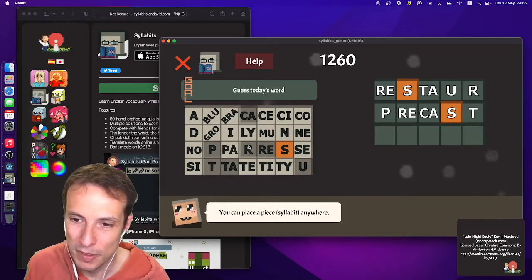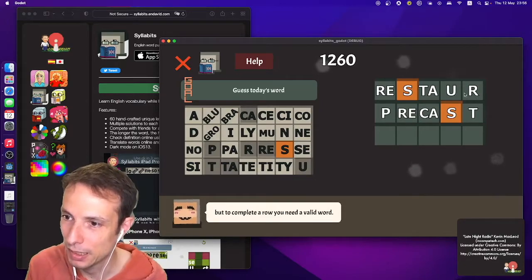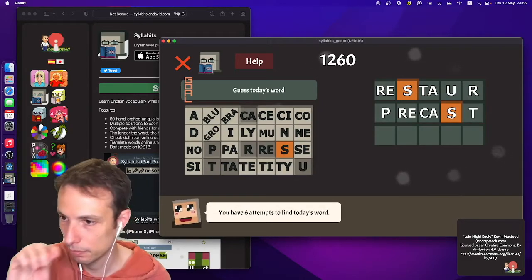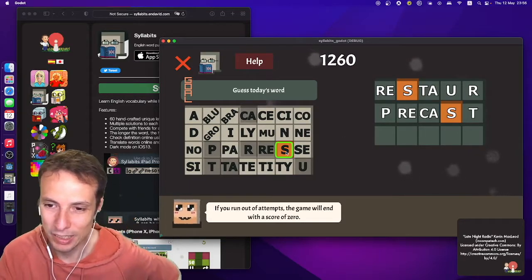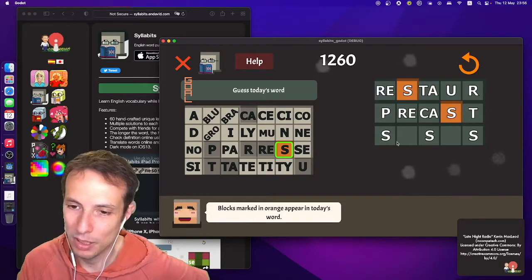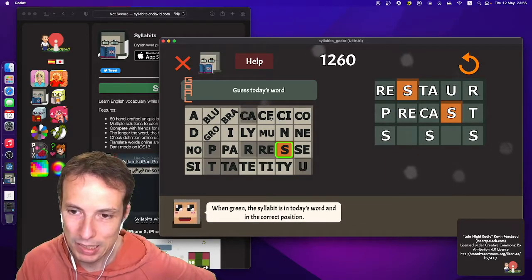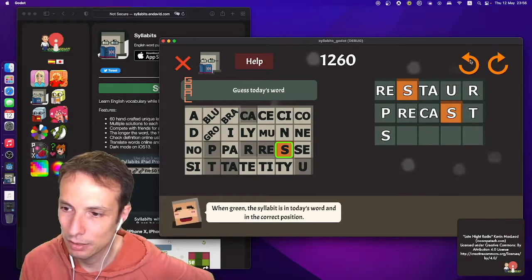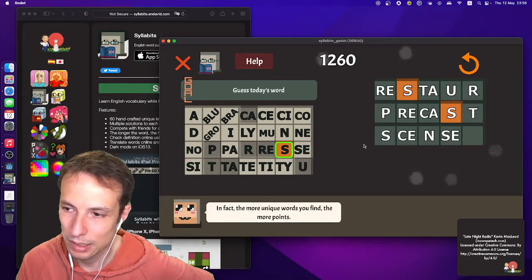Right, so we discarded a few other syllables and we know the S is not here or there, so the S could be here, here, or here. If it starts with S, it's going to be something like sense, senses, scented.